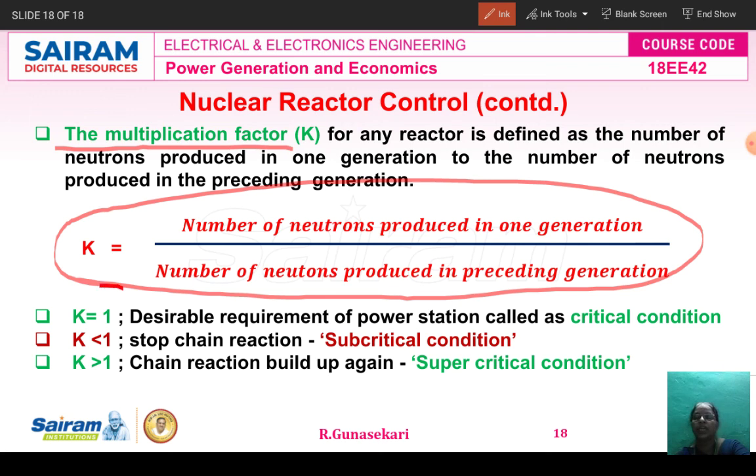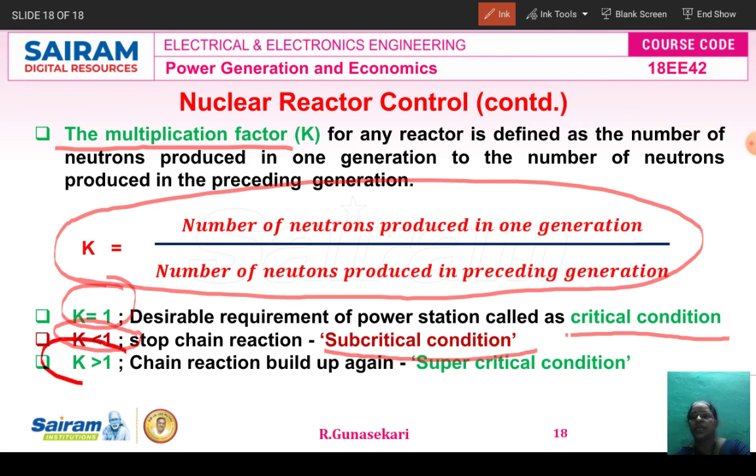Suppose K equals 1. That is the desirable requirement of the power station, which is called the critical condition of the power plant, that is, nuclear reactor control. Suppose K is less than 1, the chain reaction stops, that is the subcritical condition.